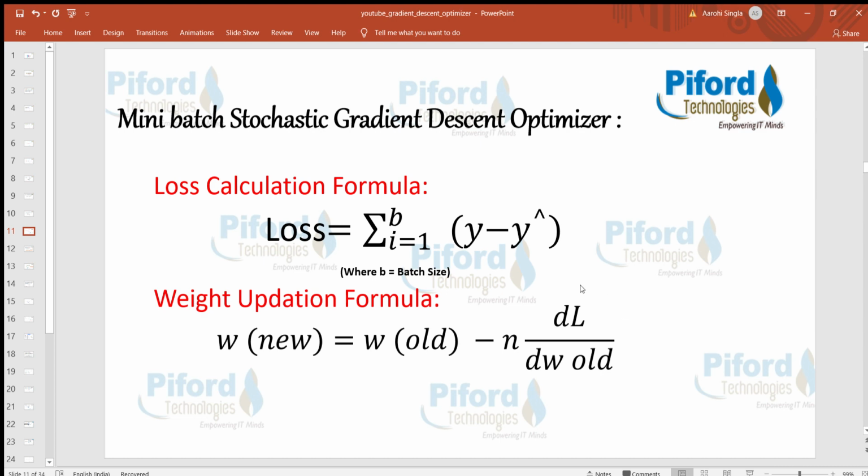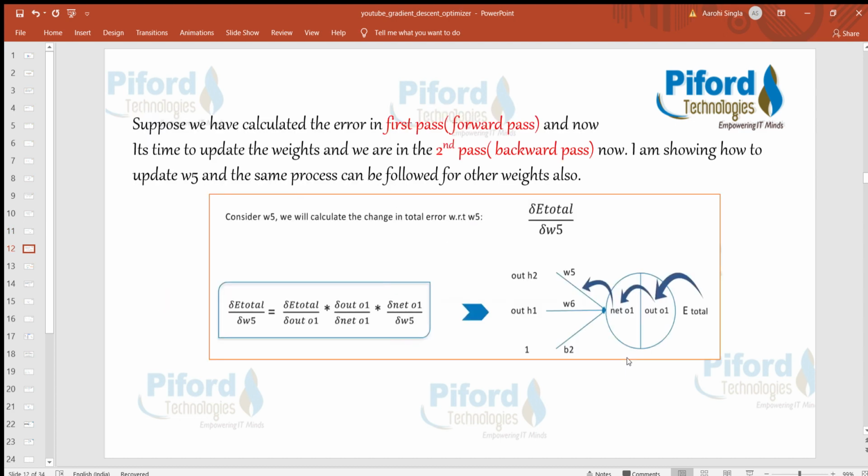In stochastic gradient descent, we calculate this derivative of loss with respect to the derivative of weight on the basis of a single record. And in mini batch stochastic gradient descent, we calculate it on the basis of some sample of the data set.